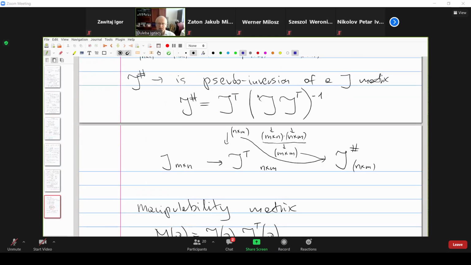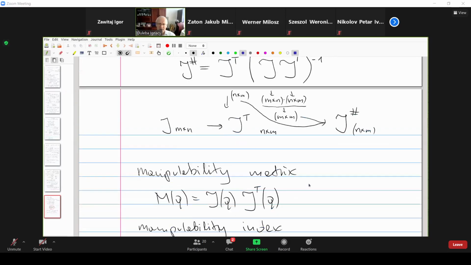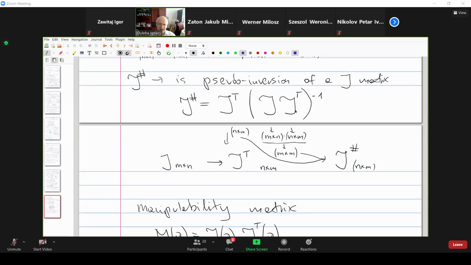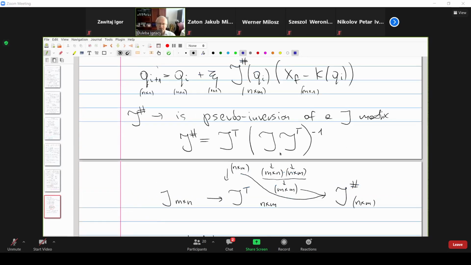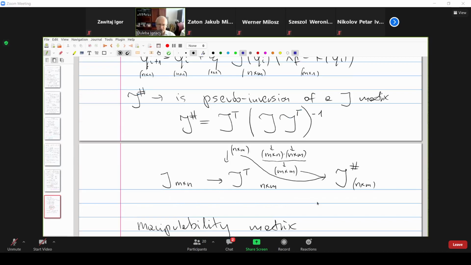Here appears the so-called manipulability matrix, and we can find whether this matrix is invertible by examining the manipulability index. When the manipulability index takes the value of 0, we are sure that this matrix cannot be inverted.